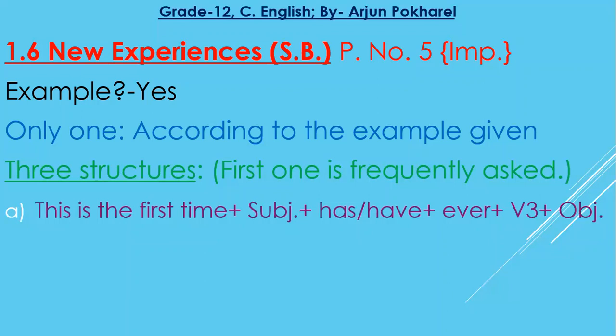A new experience can be expressed by starting with "This is the first time": this is the first time plus subject plus has plus ever plus V3 plus object. V3 means past participle. You have to use the past participle form, verb third, or V3, plus object.